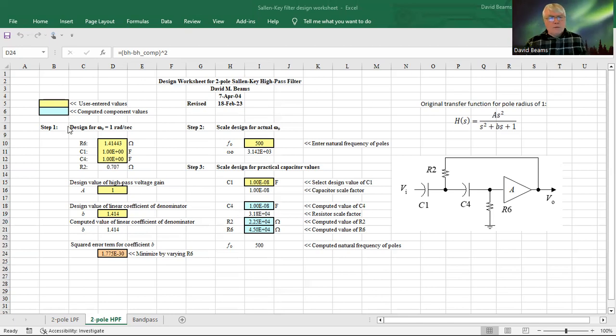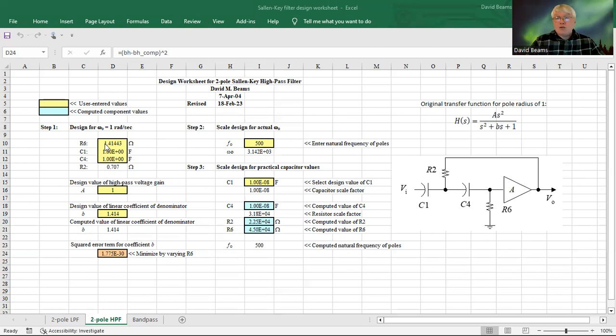You'll notice here that 3 of the 4 passive components have yellow backfill in their cells, indicating those are user entered values. The 4th one is not. The reason for that is the product of C1, C4, R2, C6 is going to be 1 for 1 radian per second.